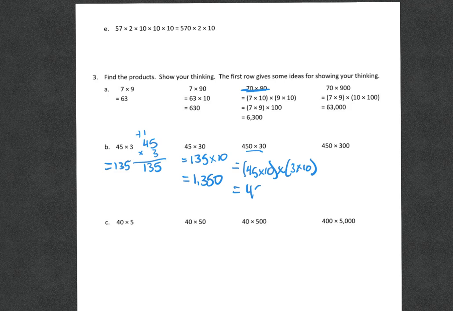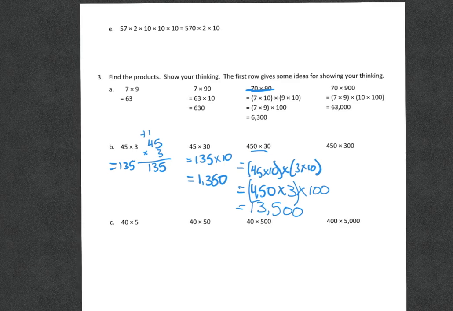This would give you 450 times 3 and then times 100. So this would just be 13,500 once you're done multiplying 450 times 3 times 100.